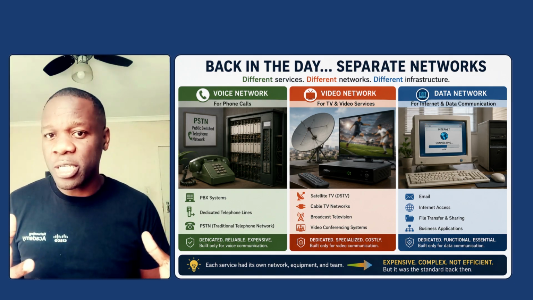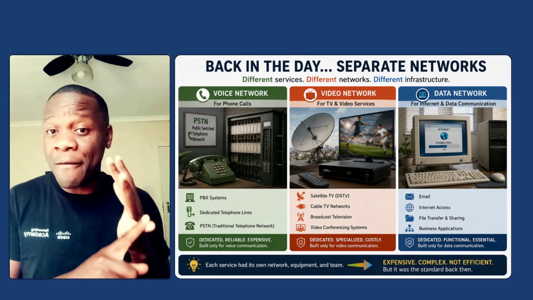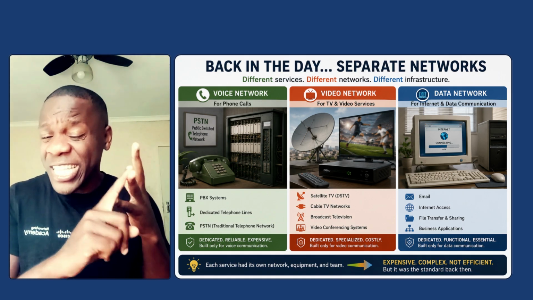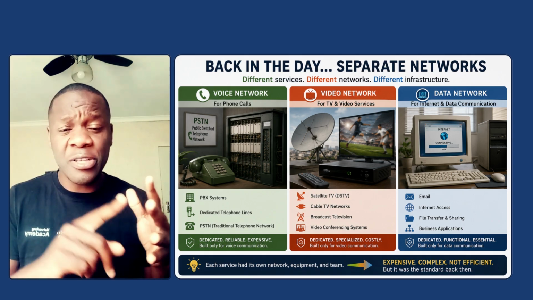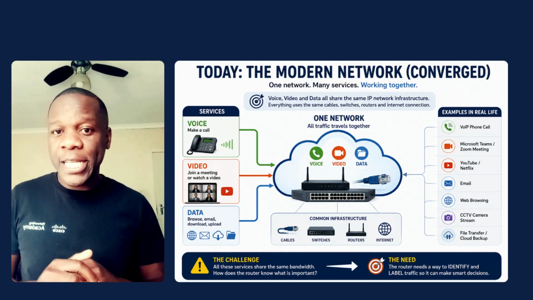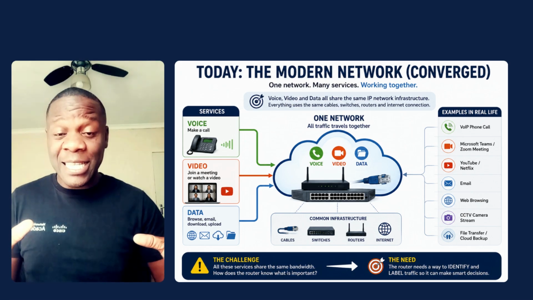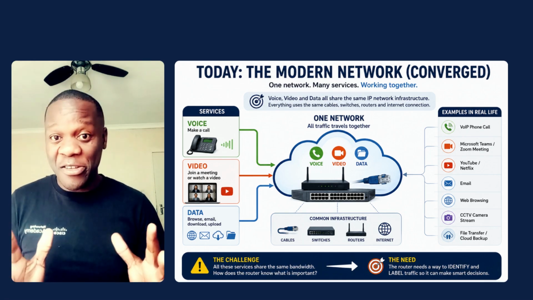But as you can imagine, this was quite expensive because you needed to have dedicated engineers. You needed to have maintenance teams and salaries and all of that. So it was quite expensive. So the smart people decided to put all the eggs in one basket. That actually is quite scary.